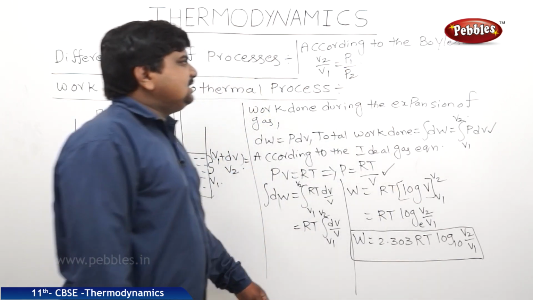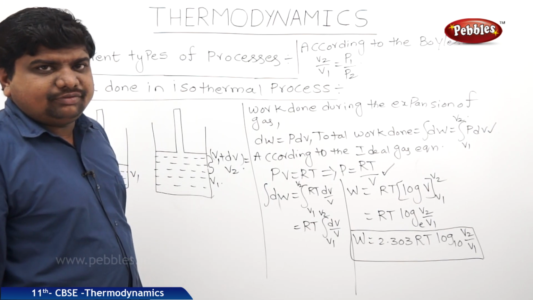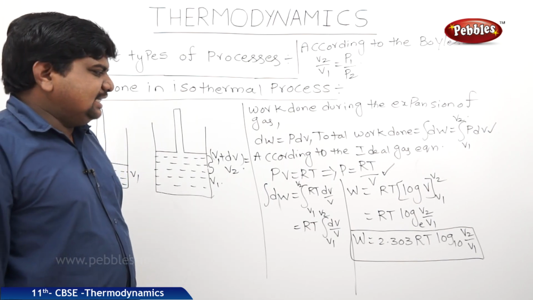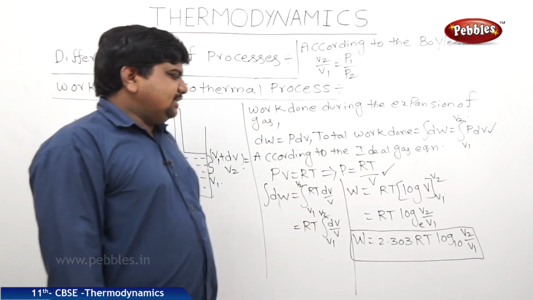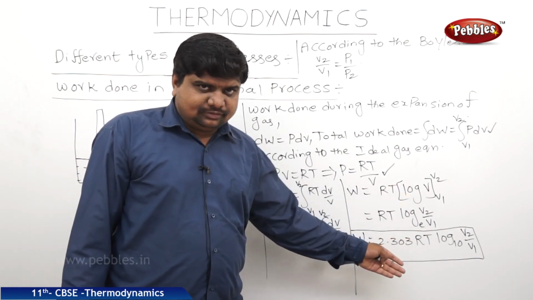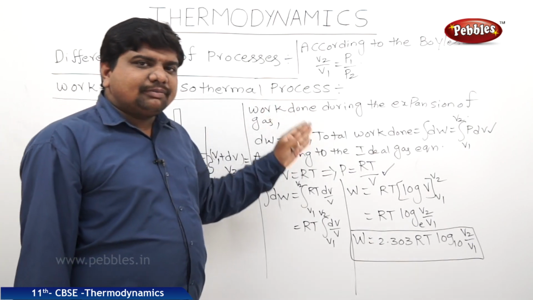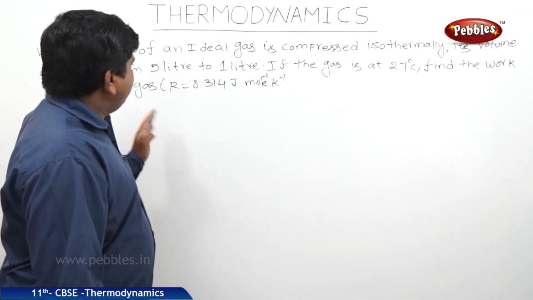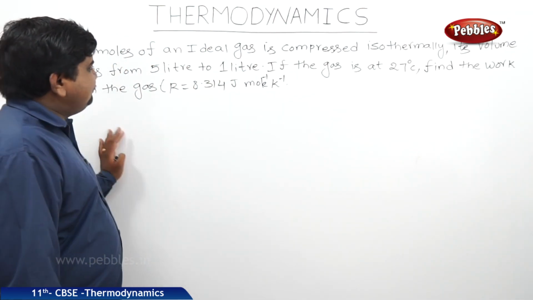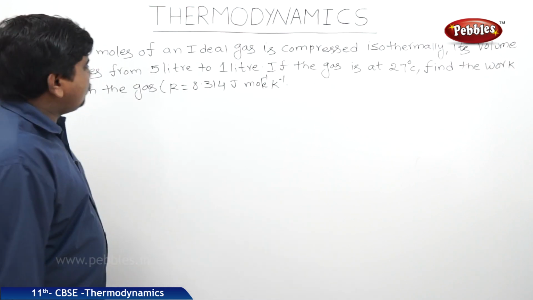So, we can say that 2.303 RT into log P1 by P2 also. So, like this we can define the work done in isothermal process. Now we are discussing a numerical which is based on the concept of isothermal process.